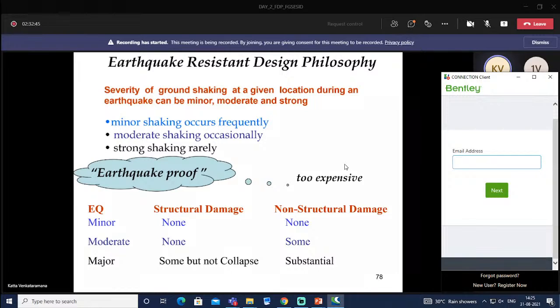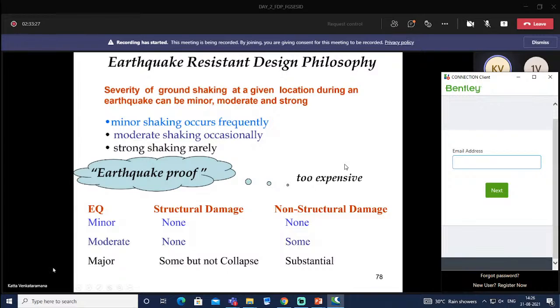So our objective is to make it earthquake resistant, such that in minor earthquakes there is no damage to the structural elements like beams, columns, slabs, which are load carrying elements, and no damage to non-structural elements also, like infill walls, chajjas. During moderate earthquakes, there is no damage to structural elements, but there can be some repairable damage to non-structural elements.